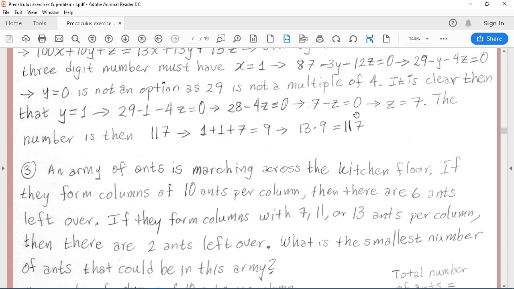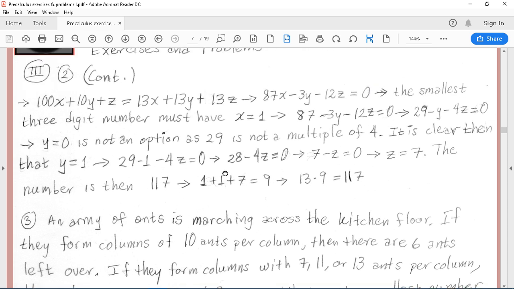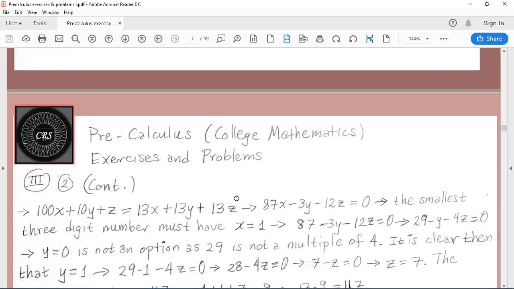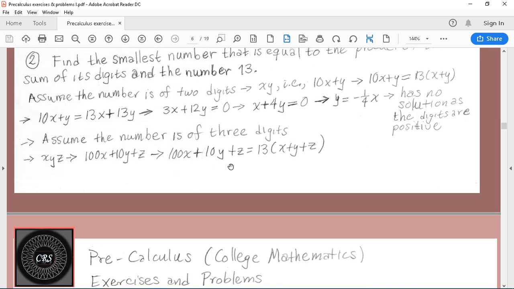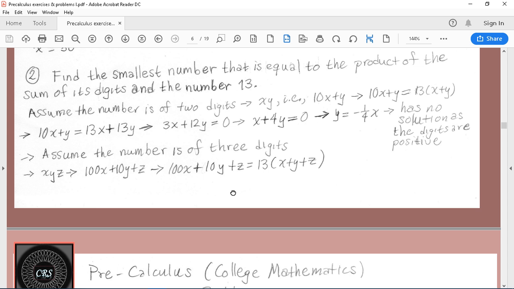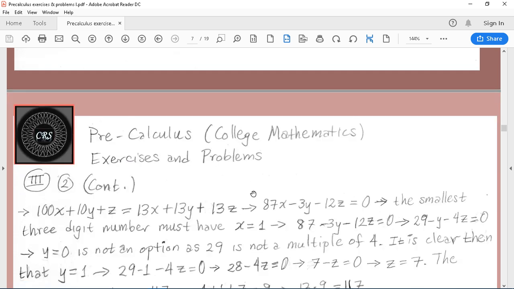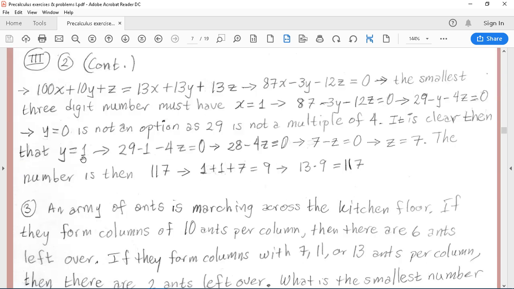So 13 times 9 equals 117, and 117 is our number. So that means that the smallest number that is equal to the product of the sum of its digits and the number 13 is the number 117.